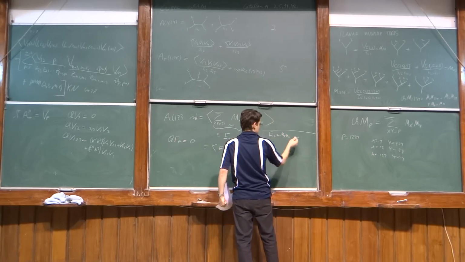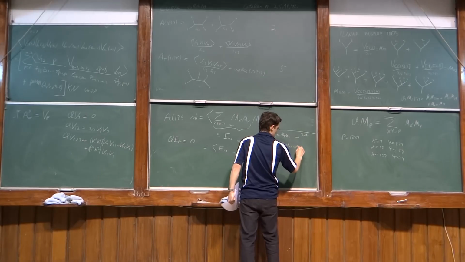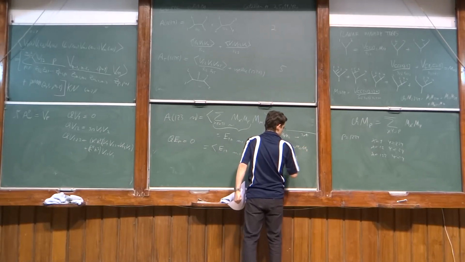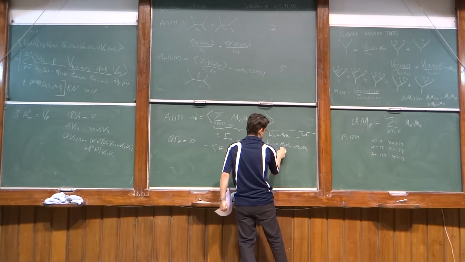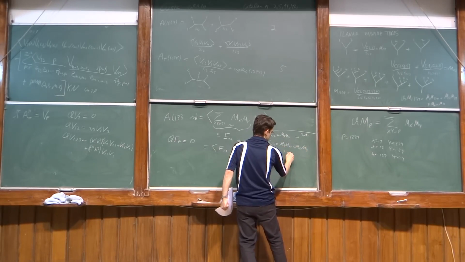E123 corresponds to M1 M23 plus M12 M3, and you see that this is 1 plus 1.